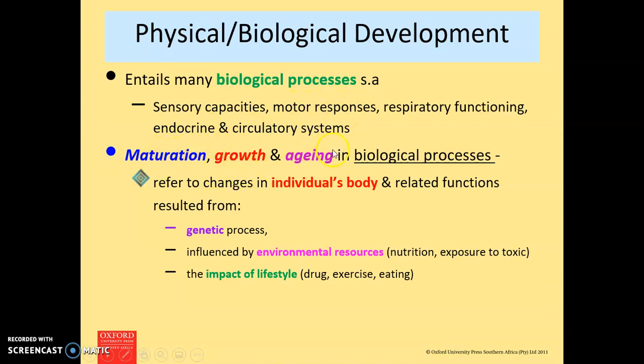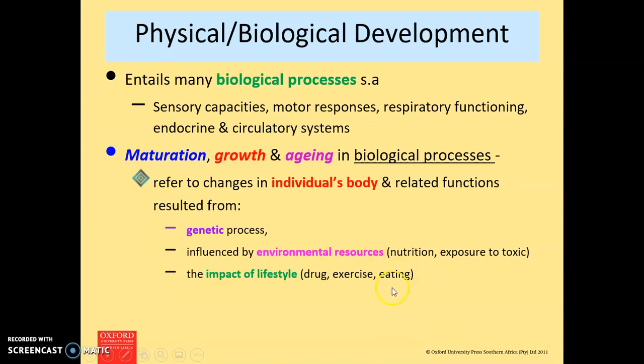Maturation, growth and aging also happen in the biological process. This refers to the changes in the individual body and related functions that result from genetics and environment, and these have an impact on our lifestyle. All these are combinations of genetics and environment, and our lifestyle depends on the factors that affect it. For example, if we take drugs, it will affect our lifestyle in a negative way.